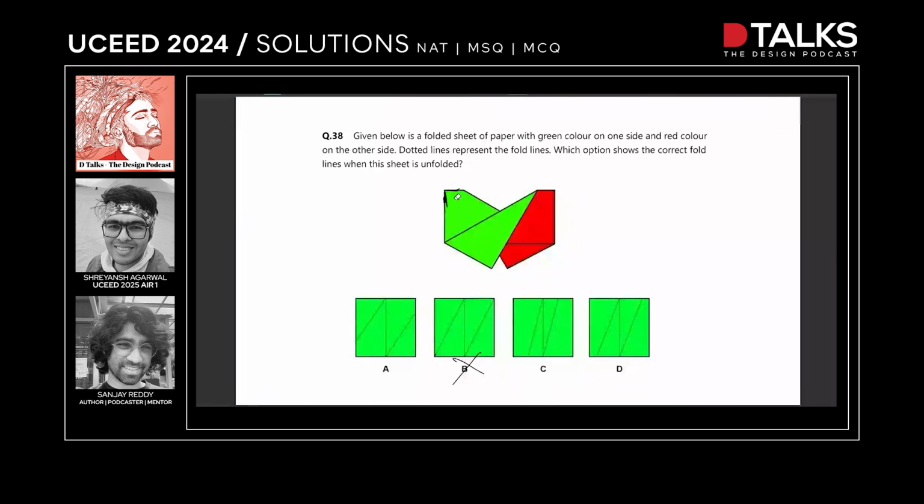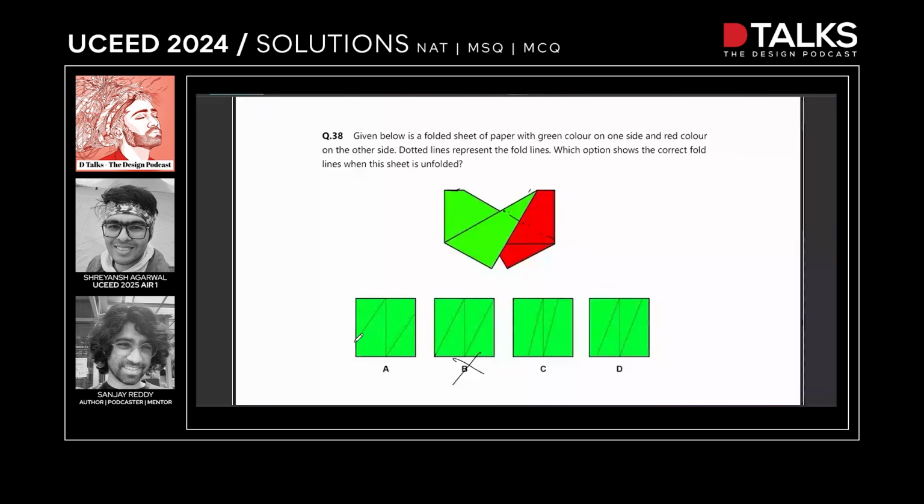Then along with this trapezoid shape, there's this triangle shape. You can just check out the shapes.